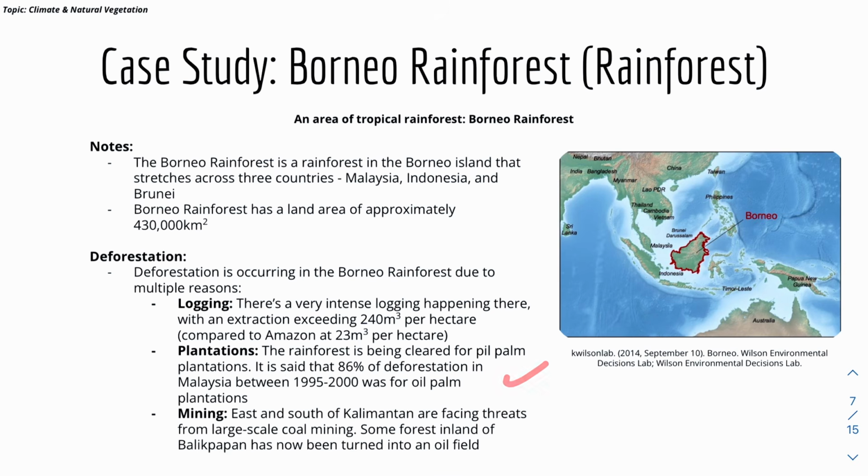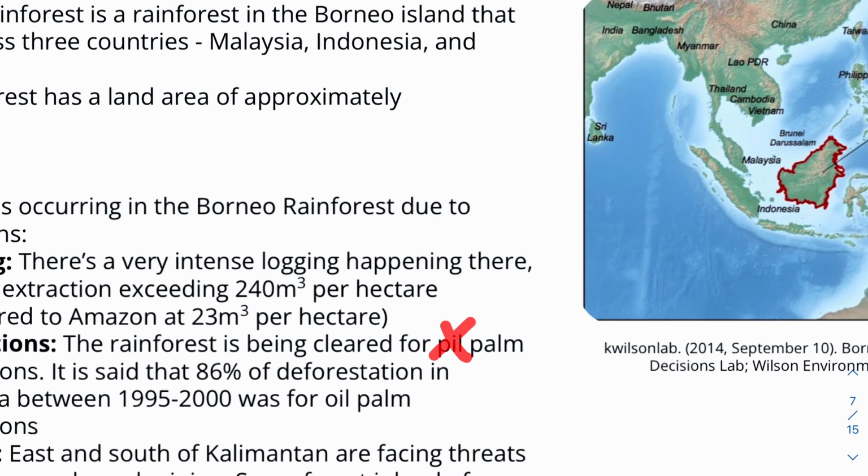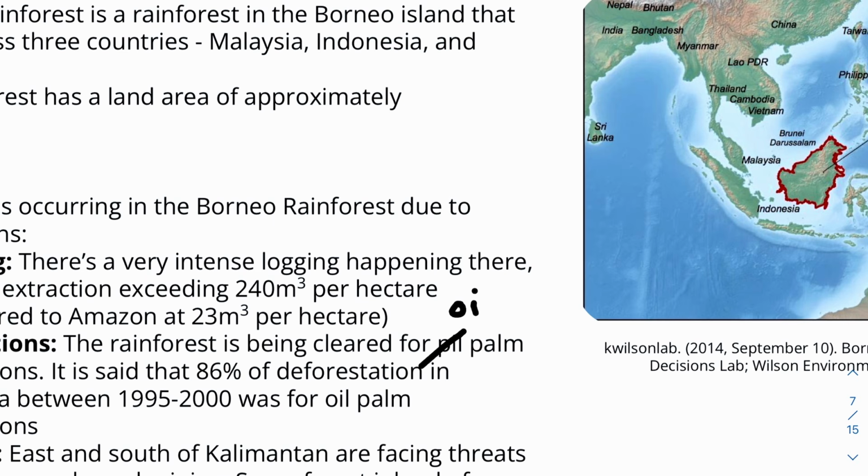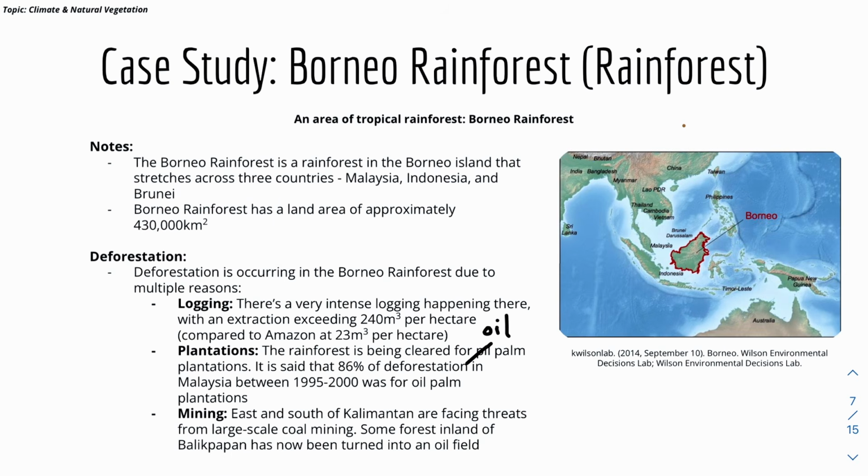And plantations: the rainforest is being cleared for palm oil, or oil palm, plantations. It is said that 86% of the deforestation in Malaysia between these years was for oil palm plantations. And as we saw just now in Brazil, there's also mining happening in the Borneo Rainforest, where the east and south of Kalimantan are facing threats from large-scale coal mining.